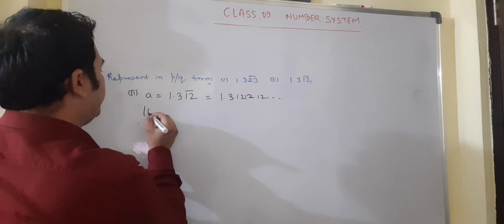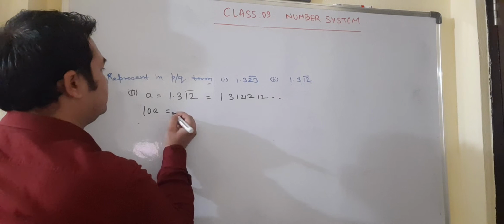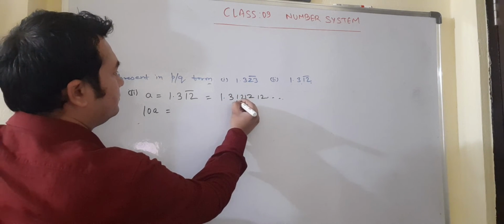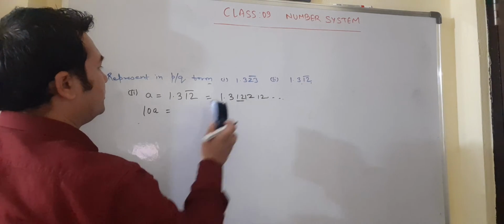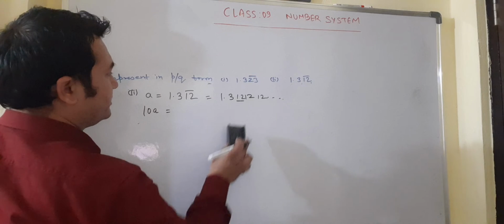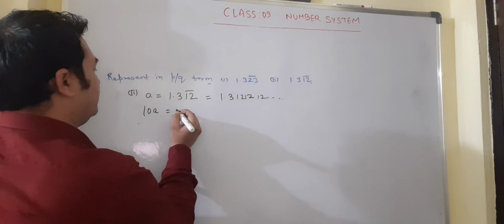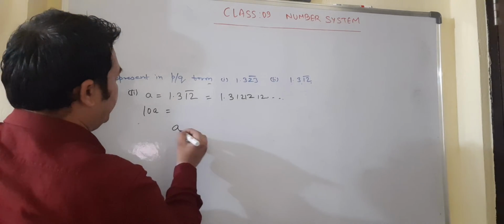So in this case, what you have to take? You have to take first 10A, because the repetition will start from 1 and go to 2. So 1 2 will be repeated. So first bring this 3 out of this case to get a normal case. The case where we were taking A equals to what?